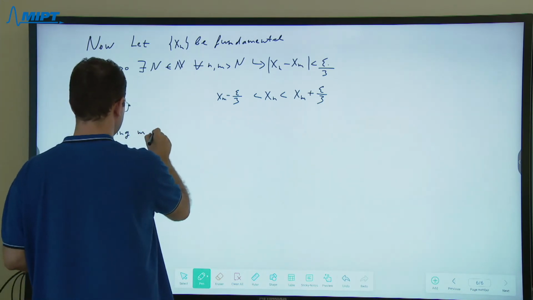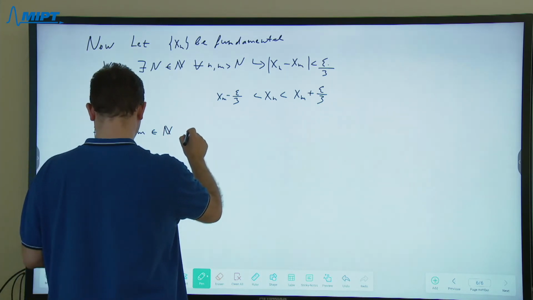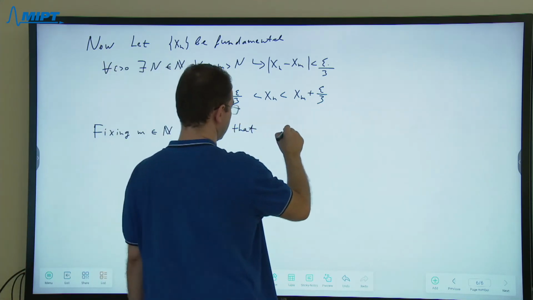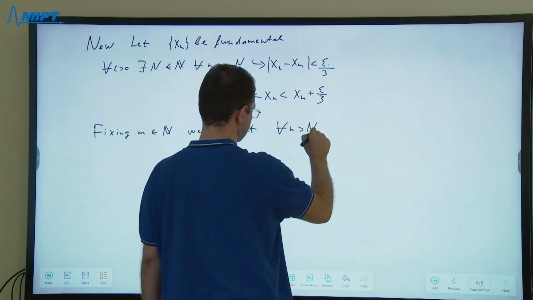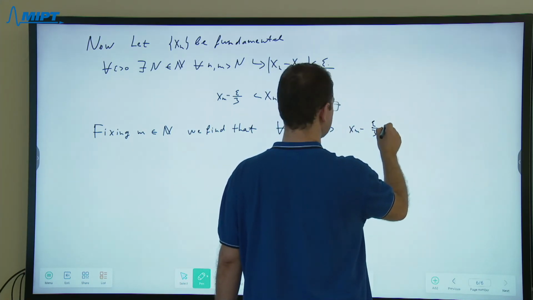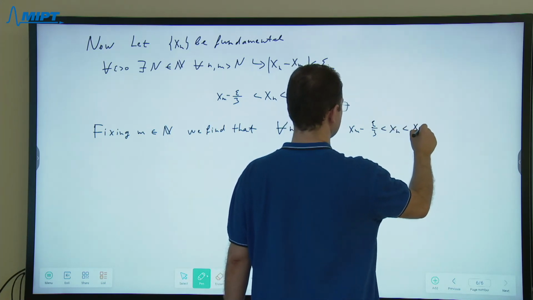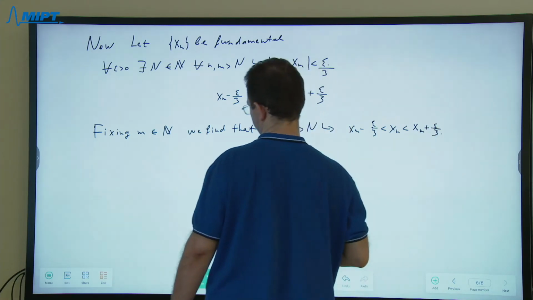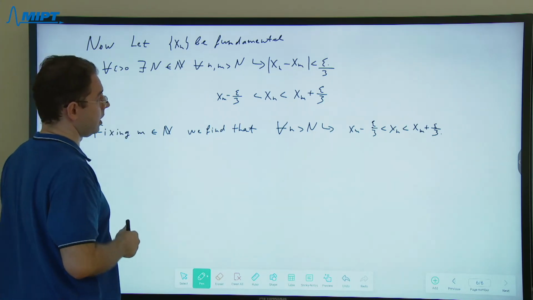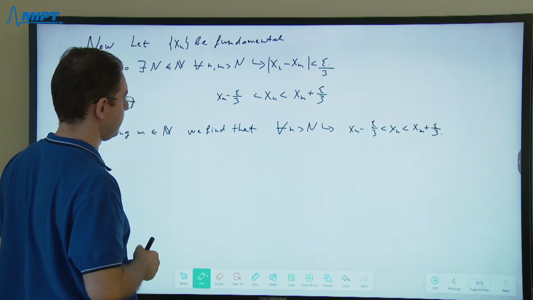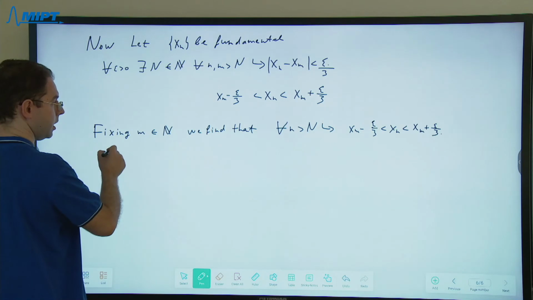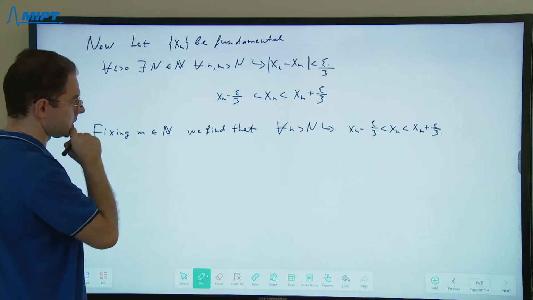Fixing m, natural, we find that for any n greater than capital N, it follows that xn lies between xm minus epsilon divided by 3 and xm plus epsilon divided by 3.